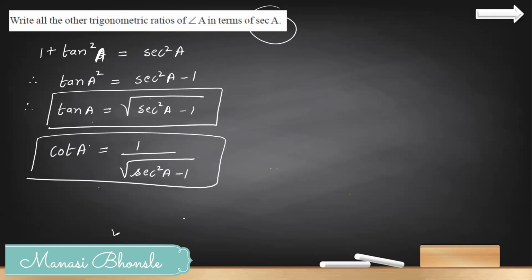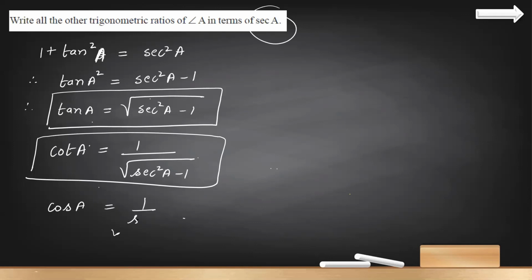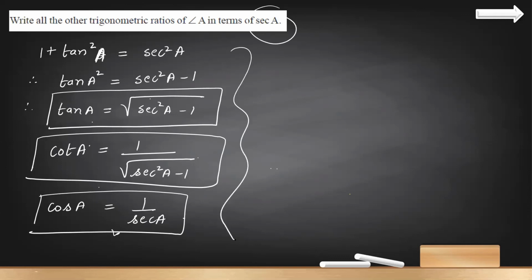Now cos, you know, cos is what? Cos A is equal to 1 upon sec A. You've got this. You've got cot, and now cot and cosec, we have an identity together. 1 plus cot square A is equal to cosec square A. Because if we get cosec, we will get sine as well. So just substitute the values and find out the value.